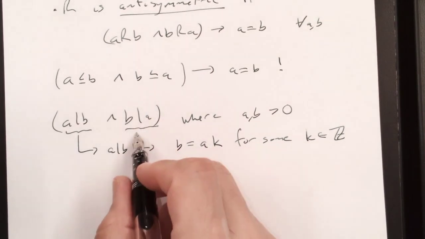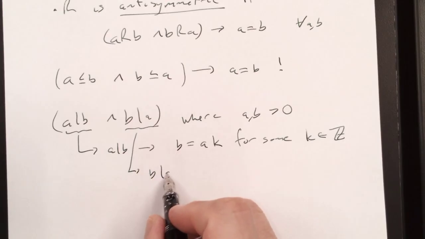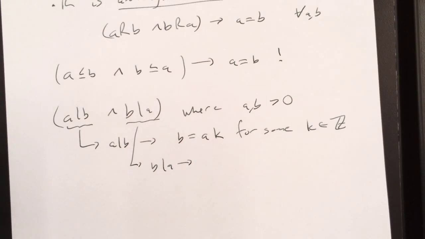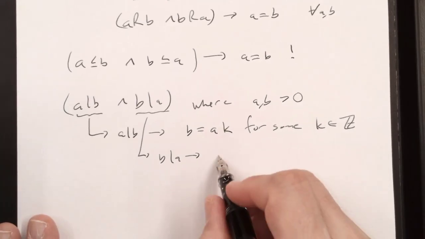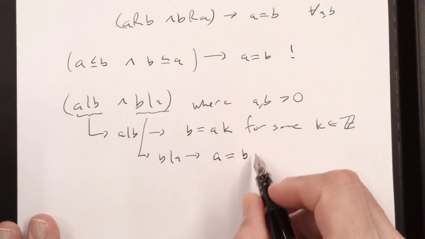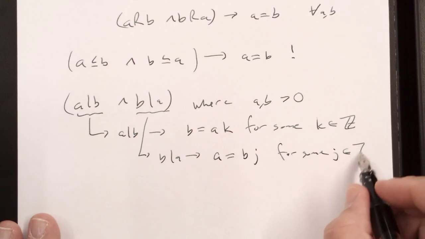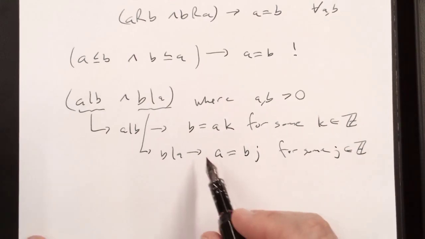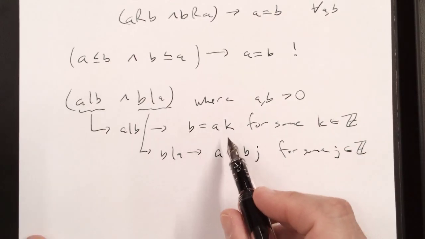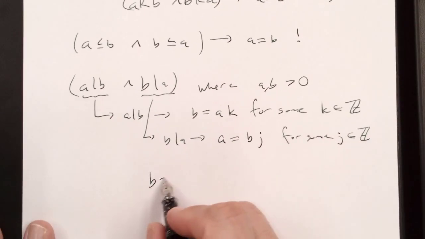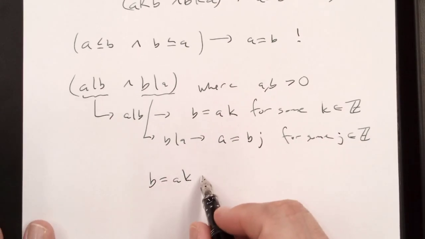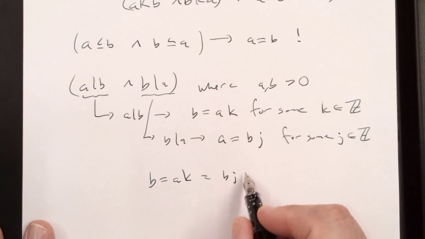If B divides A, what does that mean? Wait a minute. I've got B on this side. Oh, B is equal to AK, but A is equal to BJ.